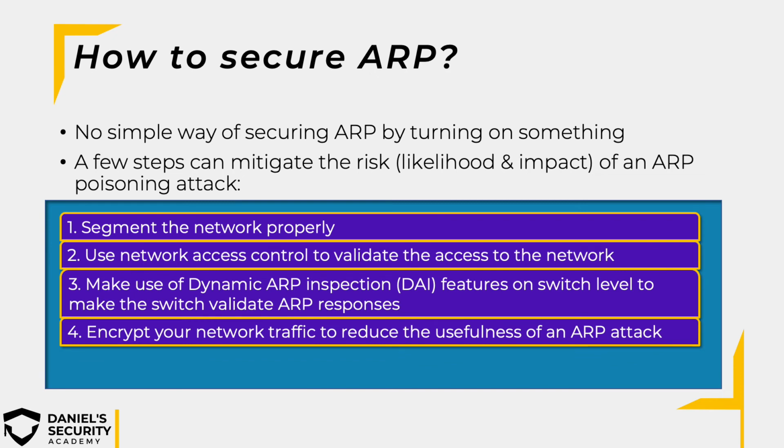On number 4, we have something which will not really act against the ARP attack itself, but encrypting the network traffic will reduce the usefulness of an ARP attack.